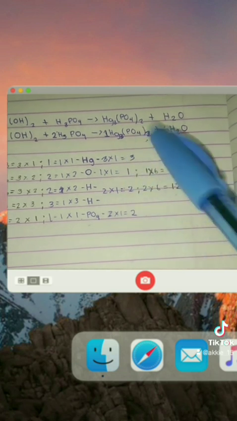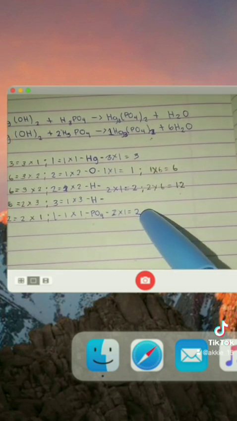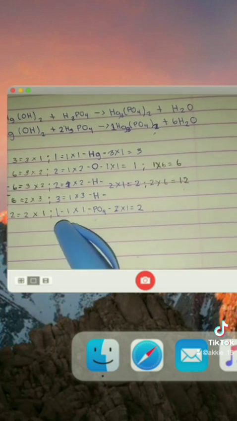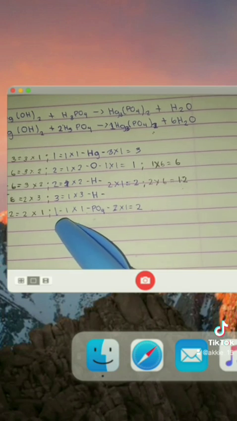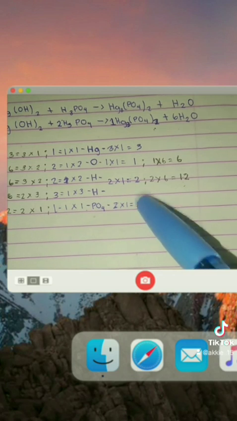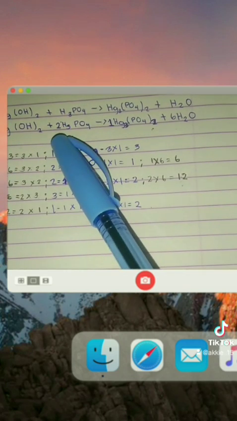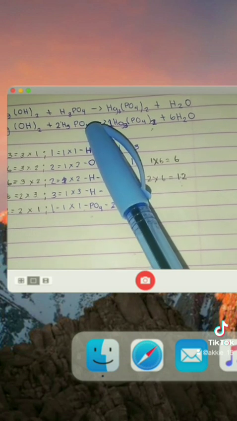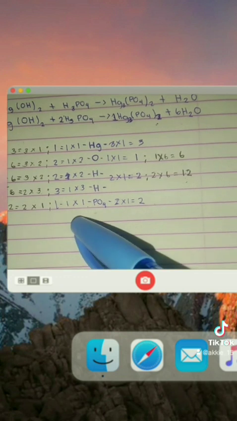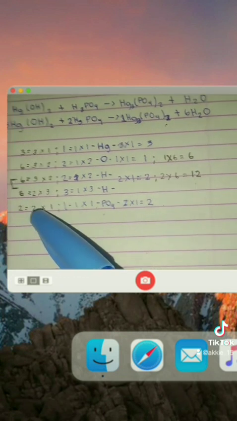Let's proceed to our phosphate. We have 2 phosphates on the product side and 1 phosphate on the reactant side. So let us look for a coefficient that will equal 2 so that our phosphate will be balanced. We put 2 here so that we can have 2 phosphates. So 2 times 1 is equal to 2. We have balanced phosphate, 2 on the product side and 2 on the reactant side.